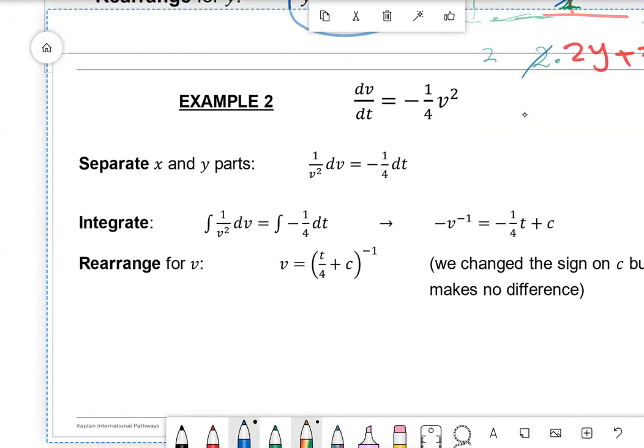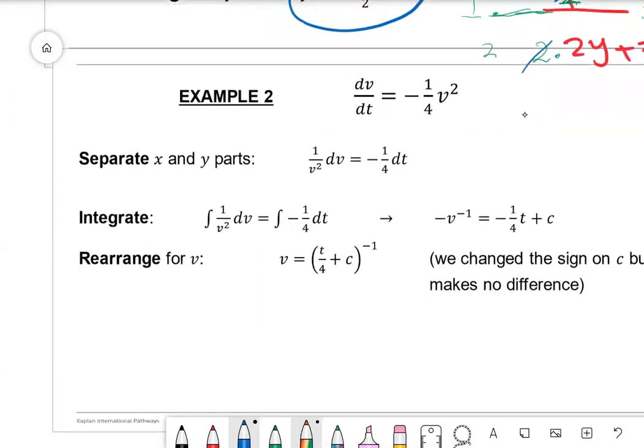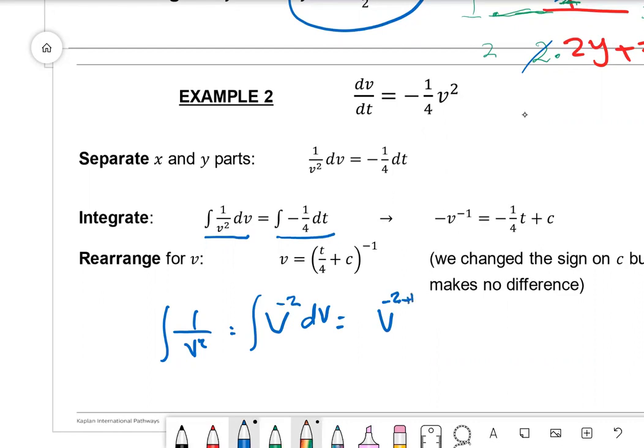We do the integration. So the integration of 1 over v squared dv equals the integration of minus quarter dt. Now, 1 over v squared, when we integrate this, is the integration of v to the power minus 2 dv, which means v to the power minus 2 plus 1, which is minus 1, divided by minus 1.